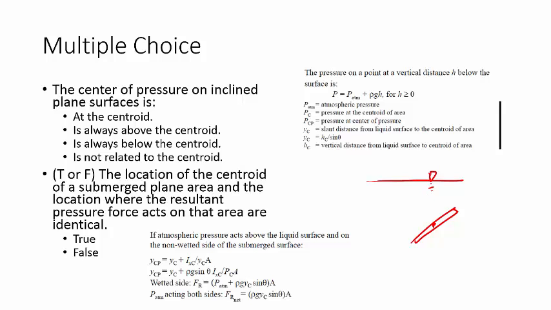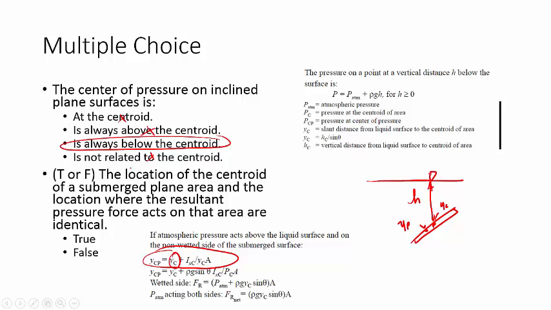And we calculate the average pressure at that point, but the center of pressure, so this would be yC, but the center of pressure would be lower. And you can see this expression, the center of pressure would be the centroid plus something else. So it'll always be below the centroid, not above the centroid. It is never above the centroid, is not at the centroid, is related to the centroid, so it will always be below the centroid.